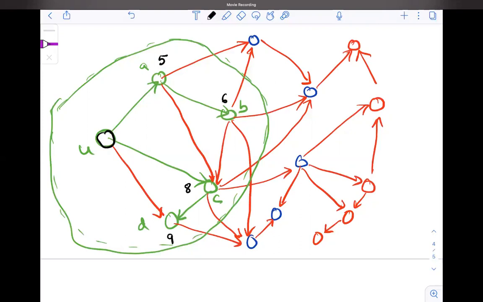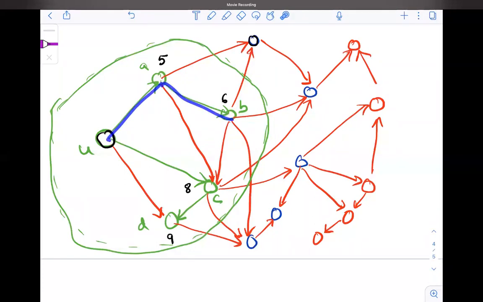Now, what is the minimum distance from U? I can go to A and then take this path, or I can go to B and then take this path. Or I can, of course, go through a much more convoluted path.